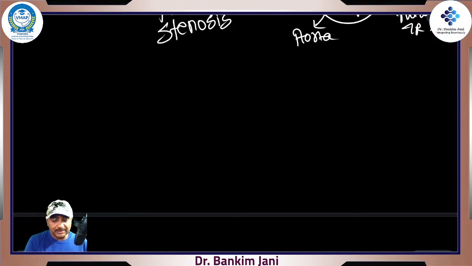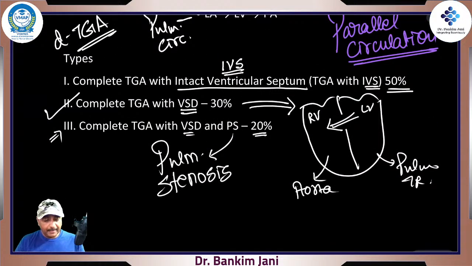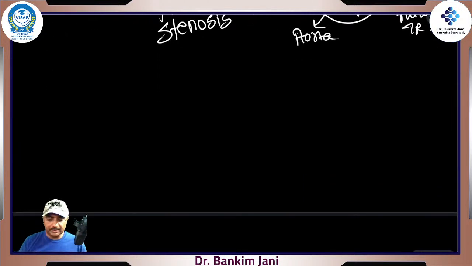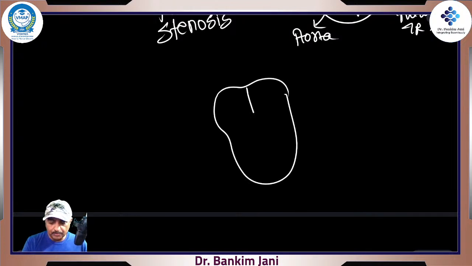So if the question comes that if such type of things are going on, how would the baby survive? In case there is complete TGA with intact ventricular septum, then there is no possibility, right?